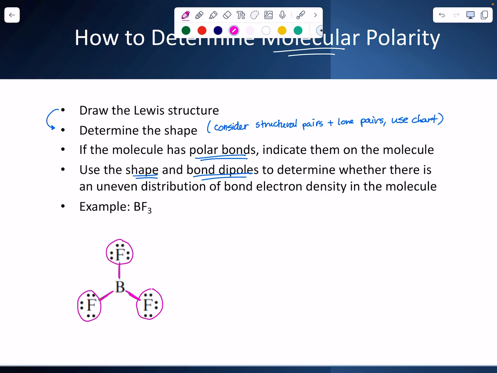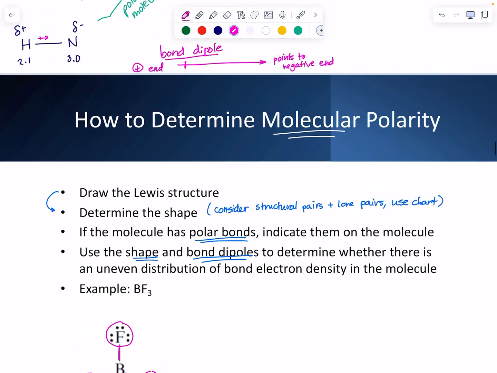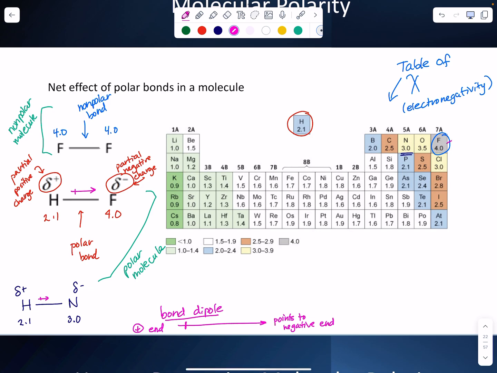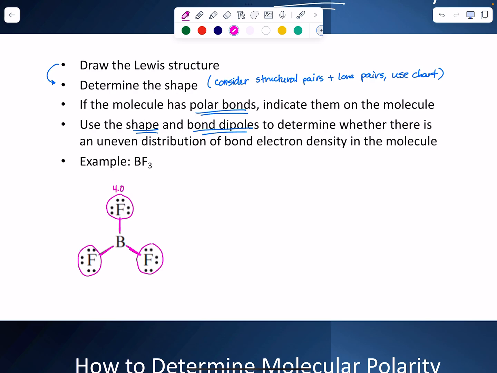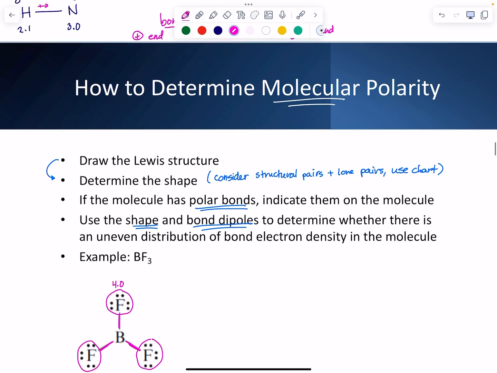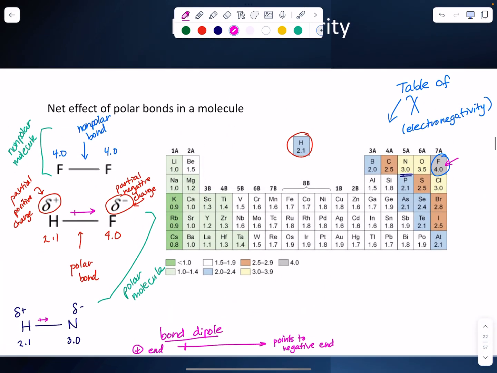All right. So the fluorine is our most electronegative element, 4.0. So I'm just going to put my electronegativities here. And then for the boron, it's 2.0.